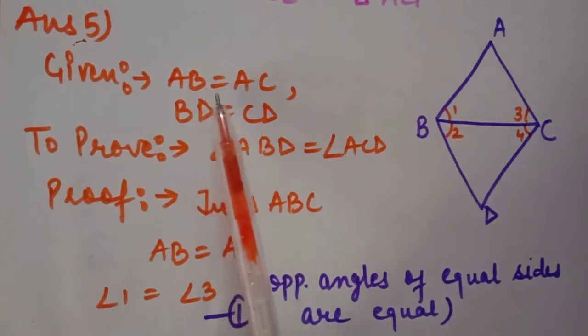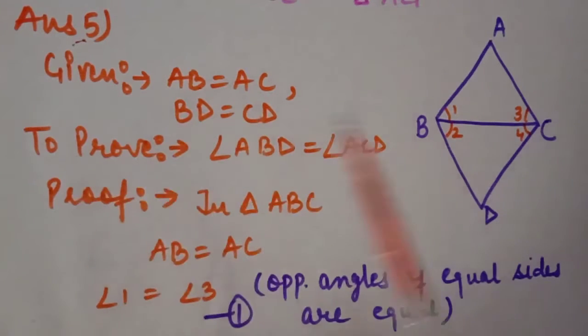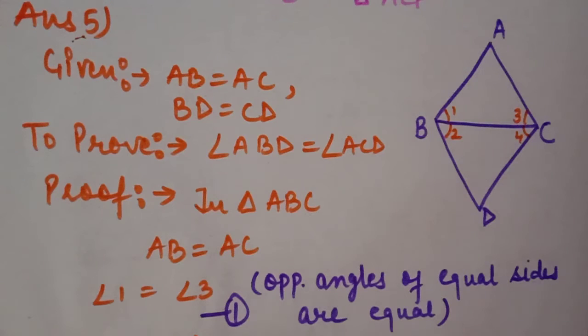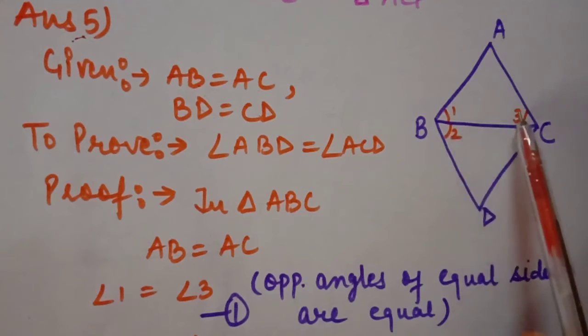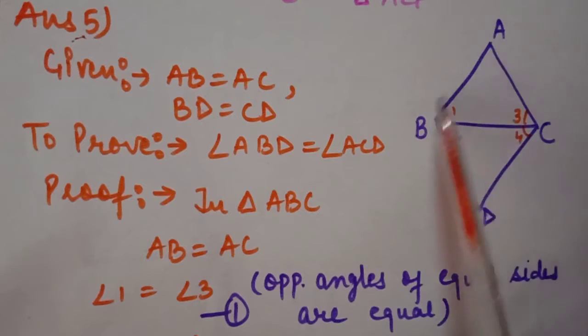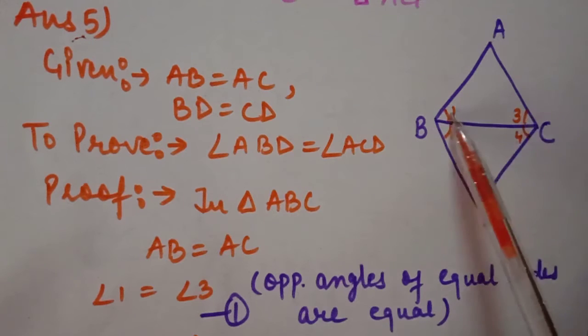What is given to us? Two sides of both the triangles are given, they are equal to each other. We have to prove this angle is equal to this angle. So students, because they are two different triangles, we will mark them as angle 1, angle 2, angle 3 and angle 4. In triangle ABC, angle 1 and angle 3 are equal to each other.